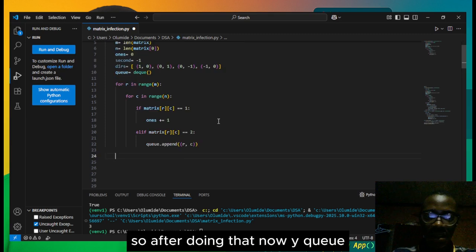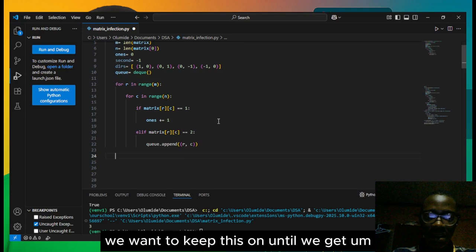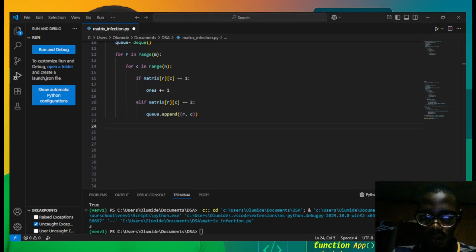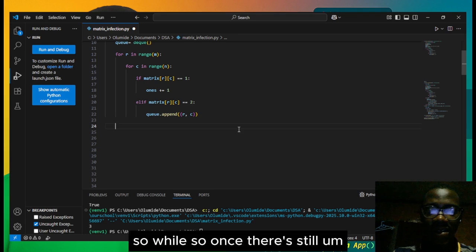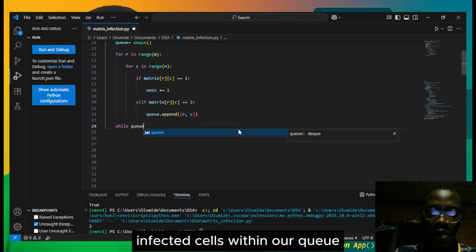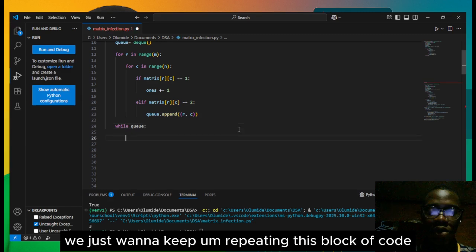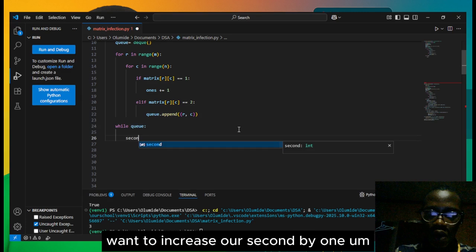After doing that, now while q, we want to keep this on until every cell is infected. We know quite well that q is composed of infected cells, so while there are still infected cells within our queue, we keep repeating this block of code. First of all, we want to increase our second by 1.